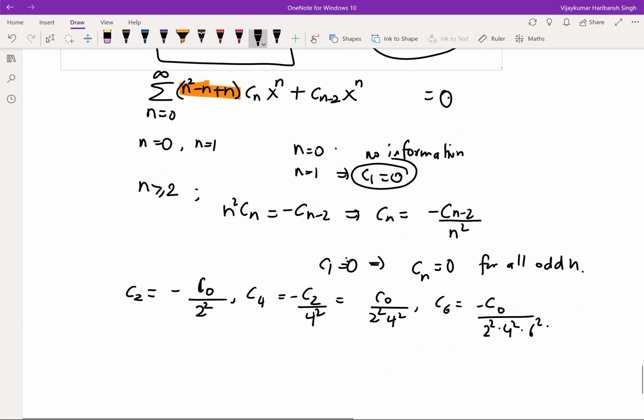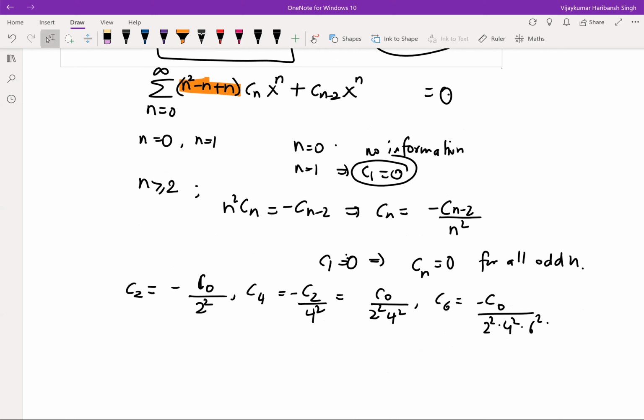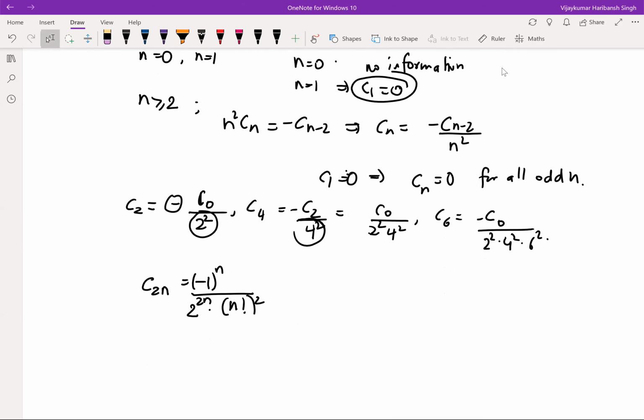We have C of 2n is going to be, first of all, the minus sign is alternating, so minus 1 to the power n. If you take out 2, we get 2 to the power 2n times n factorial squared. So this is your solution.